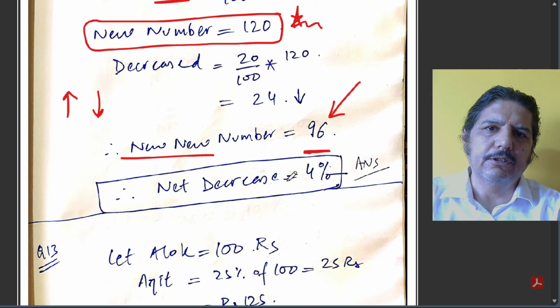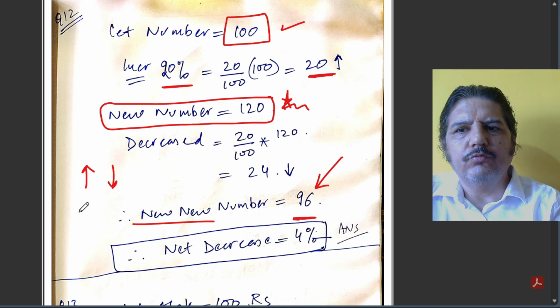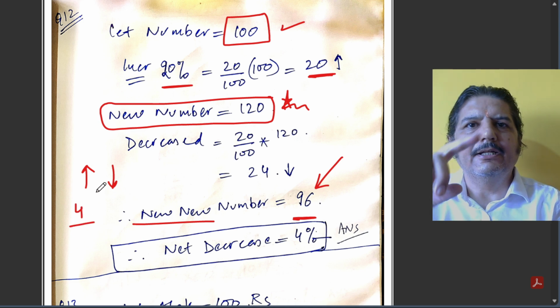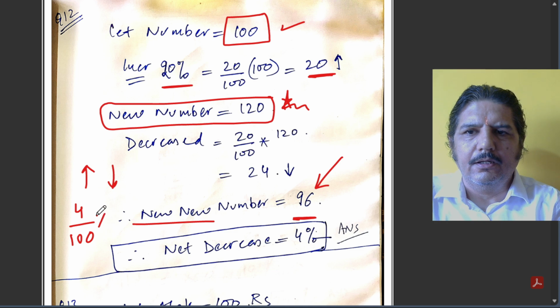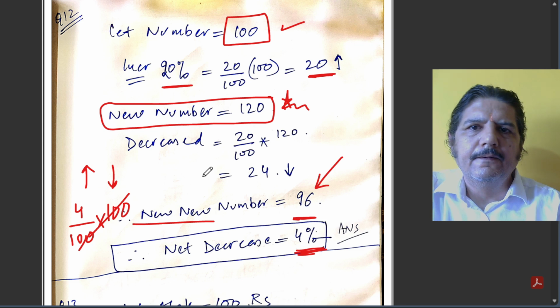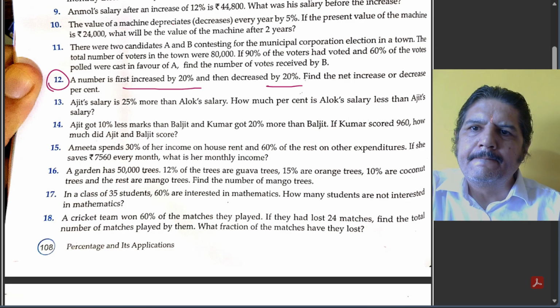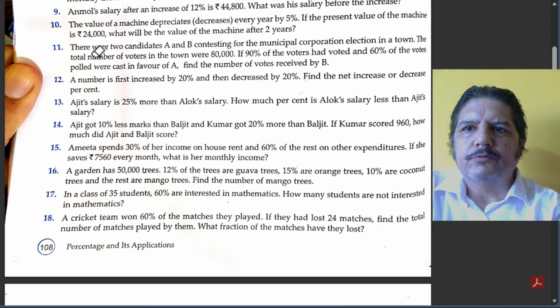So the decrease is 4. The decrease is on the original number, so it is 4 upon 100 into 100. So this will be 4%. So basically there is a net decrease of 4%. Hope this is making sense. Okay. Let's move to the next question.